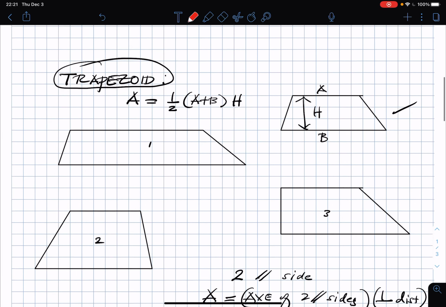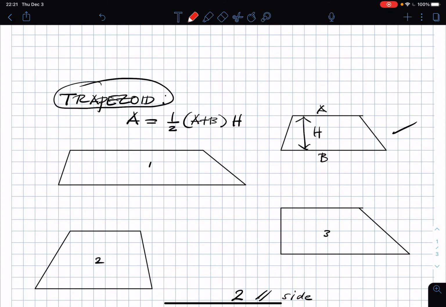So most students, if they were given a figure similar to this, let's assign some numbers. So if this is 8, this is 10, okay, we need this perpendicular distance. These are two parallel sides. These are not parallel, so that satisfies the definition of a trapezoid. And say, let's have an arbitrary number 3. Okay, so area 1 will be the average of two parallel sides.